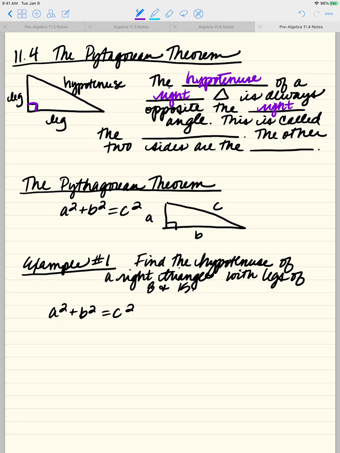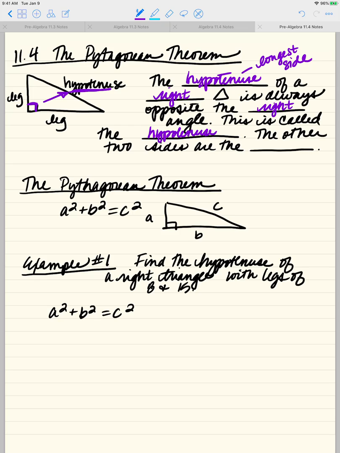So in this triangle here we have the right angle, and the hypotenuse is opposite from the right angle, okay? This is the longest side. The longest side of a right triangle is always opposite the right angle, and it is called the hypotenuse.